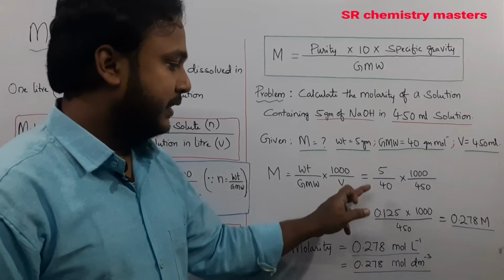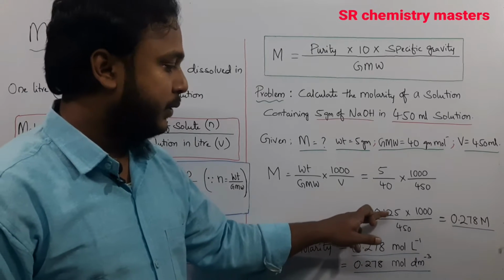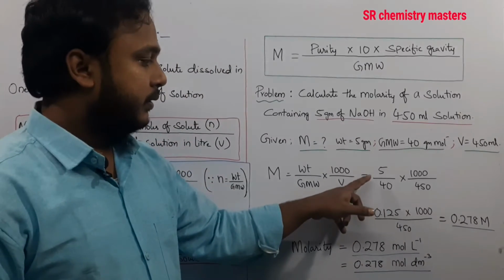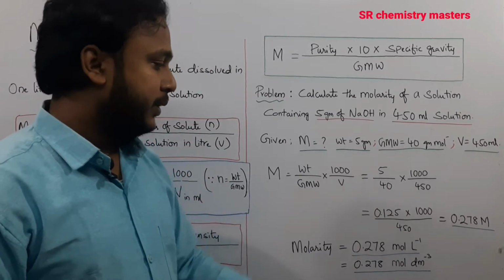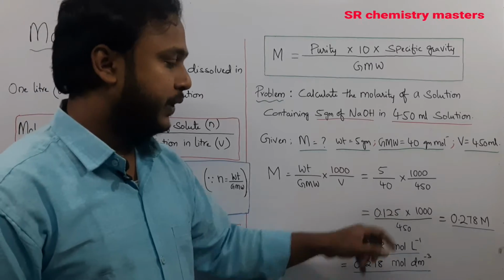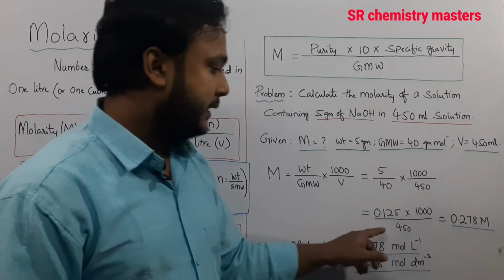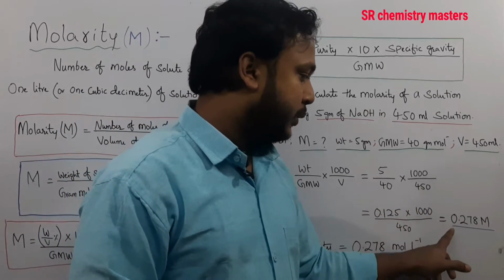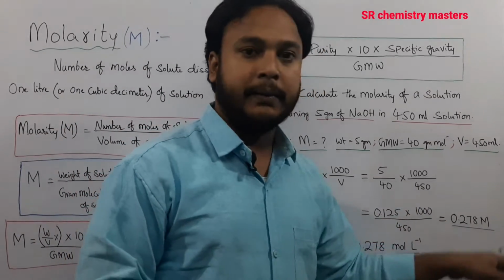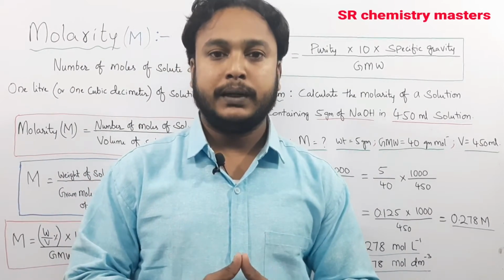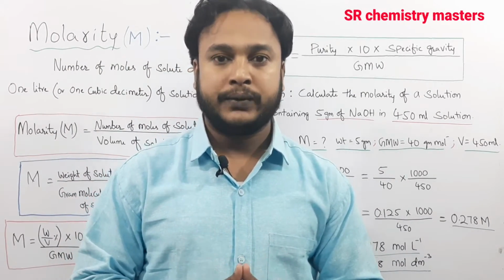On simplification, we are going to get 0.125 into 1000 by 450. When you divide 5 by 40, you are going to get 0.125. And on simplification of this, we are going to get the value 0.278 M. This is the molarity of 5 grams of NaOH present in 450 ml of solution.